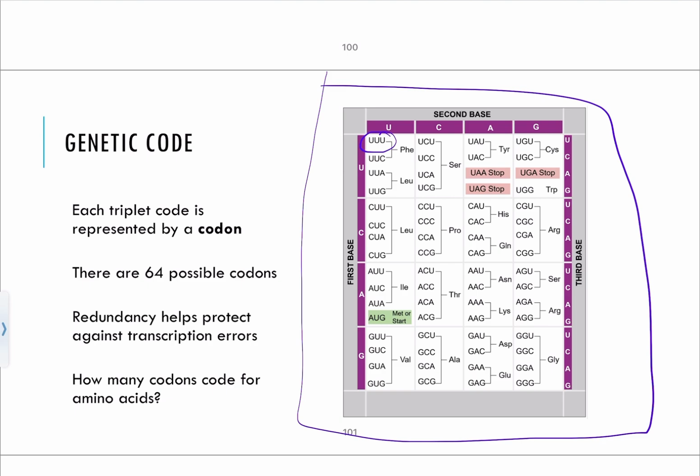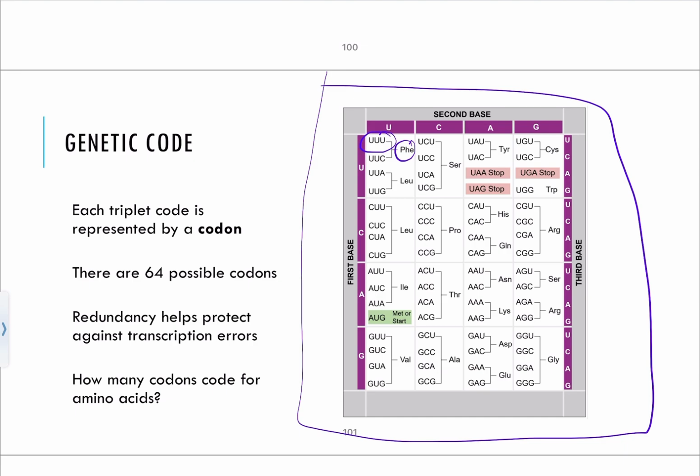We know that this is showing us 3 nucleotides on an RNA molecule because we see uracil. Remember, uracil is not in DNA, it's only in RNA. So if an mRNA molecule comes across 3 U's in a row, that means our tRNA molecule is going to come in and lay down a phenylalanine in that place, which is an amino acid.